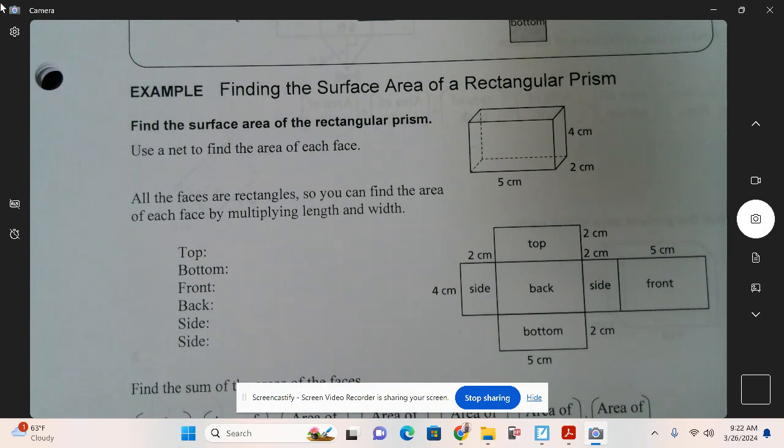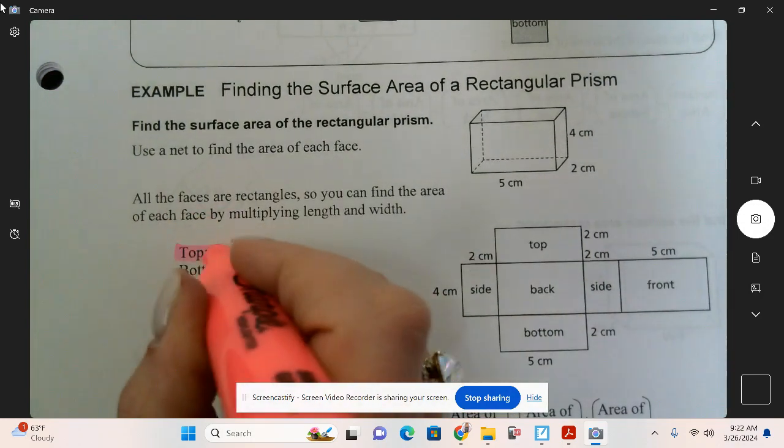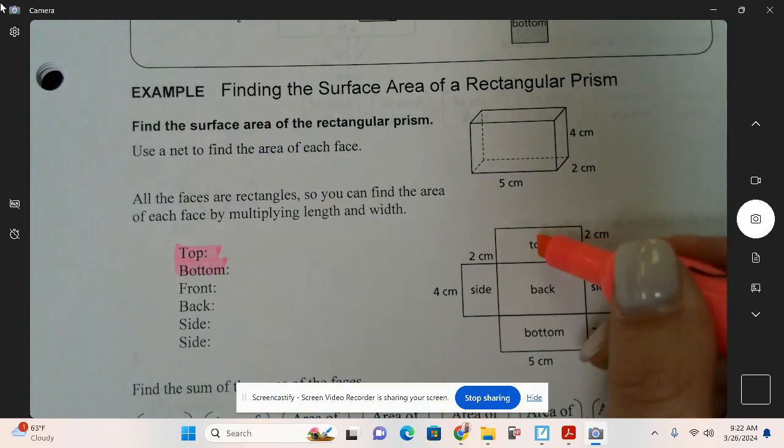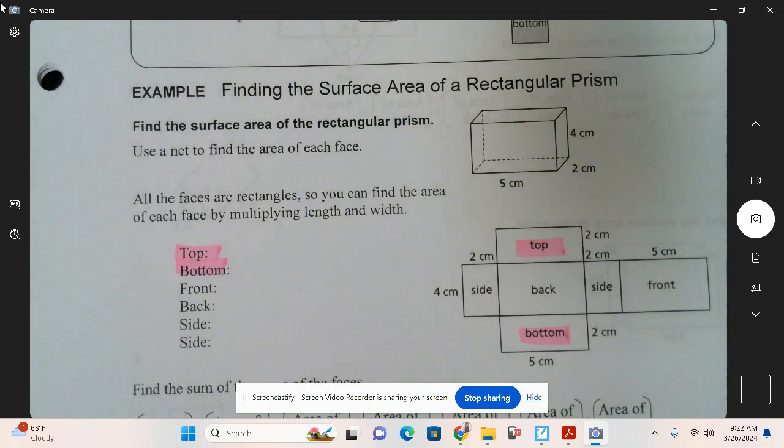Your top and bottom, I would take my pink highlighter and highlight these two. Your top and bottom are going to be the same. So if you know the area of the top, you know the area of the bottom.